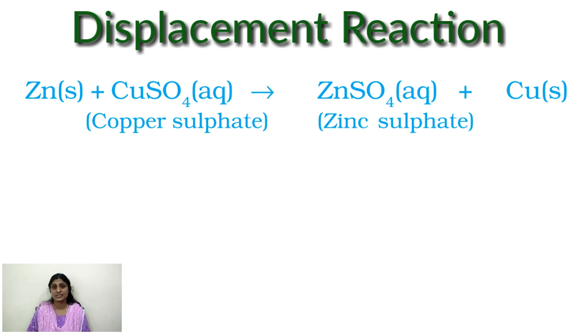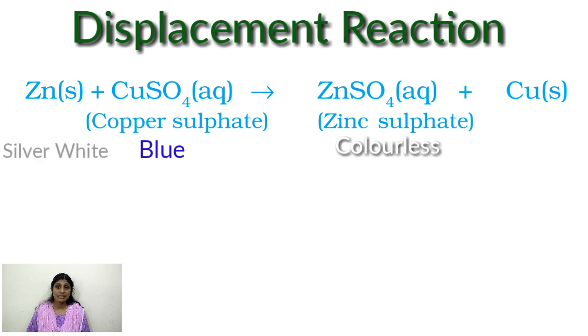The observations: first, blue color of copper sulfate solution changes to colorless zinc sulfate solution. Second, silver white zinc metal changes to reddish brown copper. Here zinc is more reactive than copper, so zinc displaces copper from copper sulfate solution.